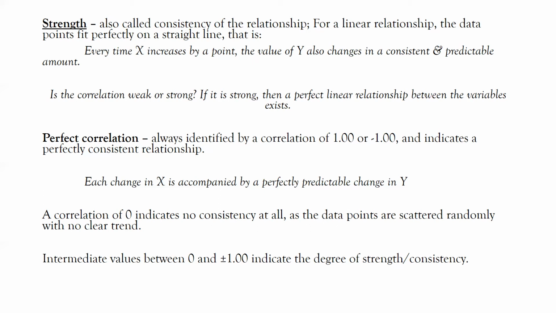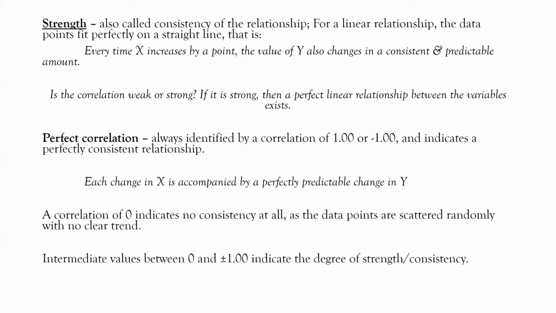It's a perfect relationship, and your scattergram will suggest that. Because if you look at the data points, it's so easy to draw a perfectly straight line, and each of the data points will be hit by that line. The line will pass through the dots, and that's a perfect relationship.